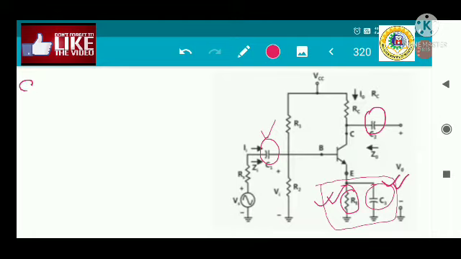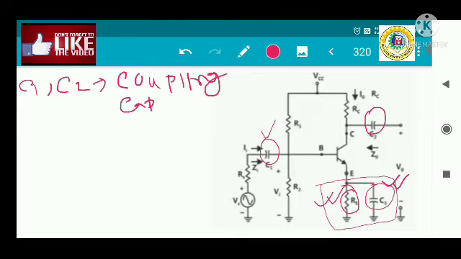C1 and C2 are called the coupling capacitors. In the case of an AC supply, all of you know that the capacitor is short circuited, and in the case of a DC supply, the capacitor is open circuited. Now, Vs is the input voltage that we are providing to the amplifier to be amplified.